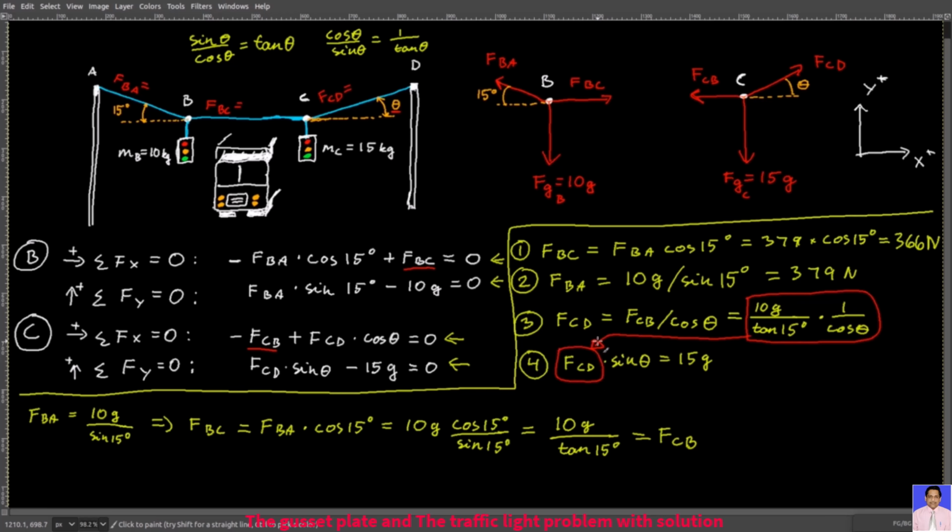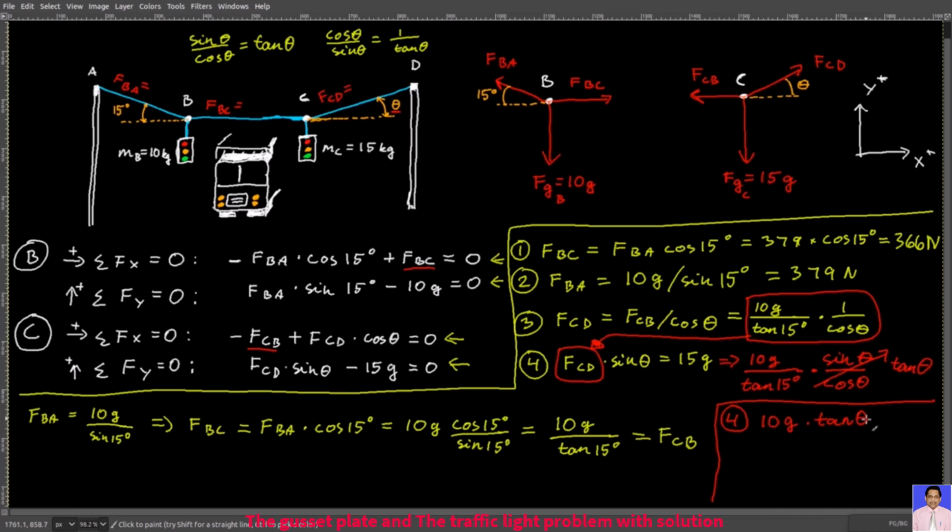I'm gonna make the substitution. And so you will have this one, which is FCD times sine theta, which I can put here. And now this one here, it equals tangent theta. So in the end, in the fourth equation, you have 10g times tangent theta over tangent 15 degrees equals 15g.